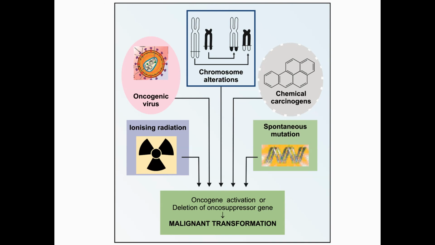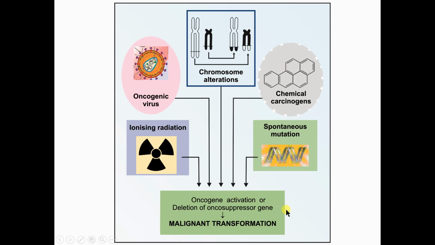This is another figure showing how malignant transformation occurs. Oncogenic viruses, which are biological carcinogens, ionizing radiation, which is a physical carcinogen, and chemical carcinogens are acquired conditions. If a spontaneous mutation or chromosomal alteration by certain environmental factors occurs, that can lead to proto-oncogene activation into oncogenes, or deletion or inhibition of tumor suppressor genes.